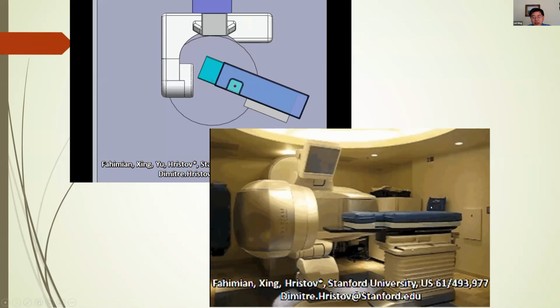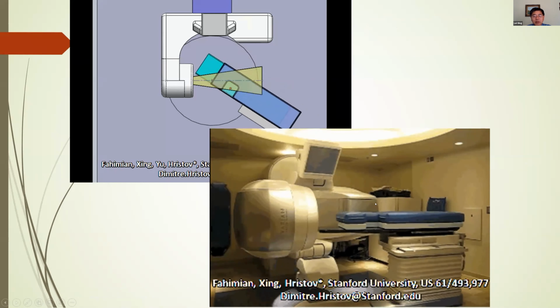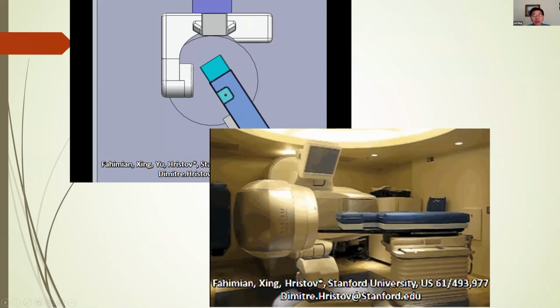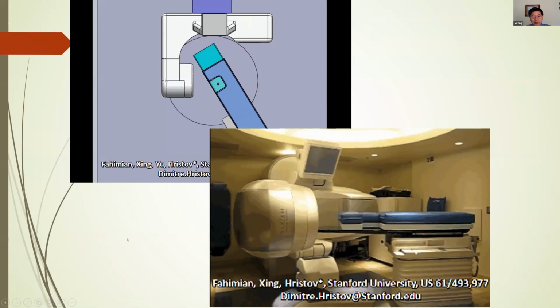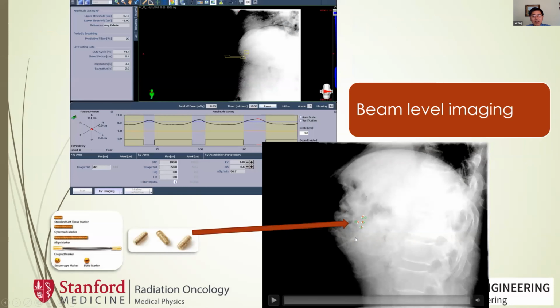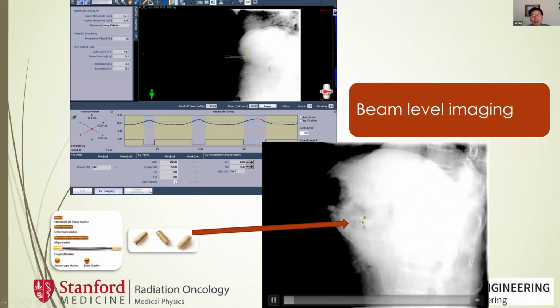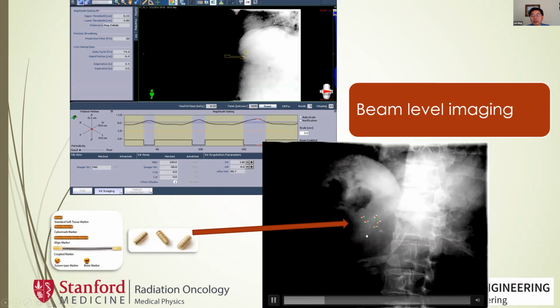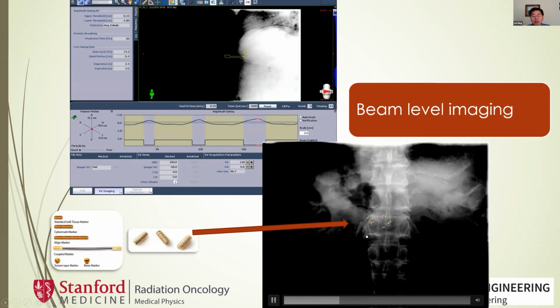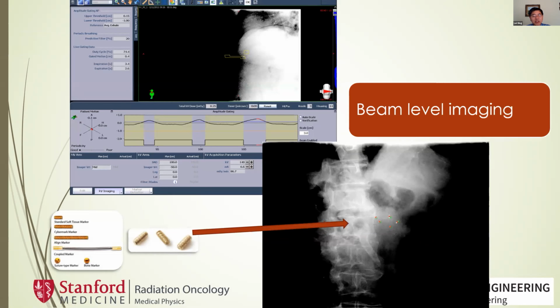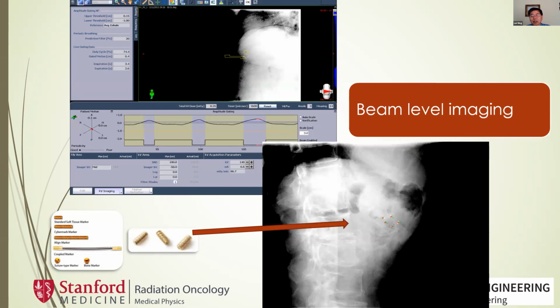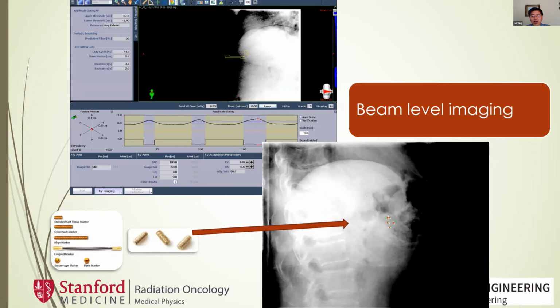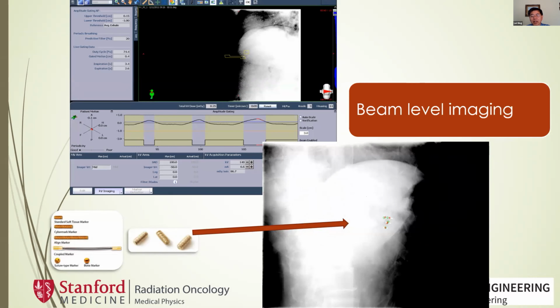So we talk about radiation therapy delivery. This is the machine, which has a lot of bells and whistles, but I guess the key issue is how do you visualize, how do you identify the tumor during the treatment. I showed you the MRI Linac machine, but this is actually an integration of X-ray imaging with a LINAC.